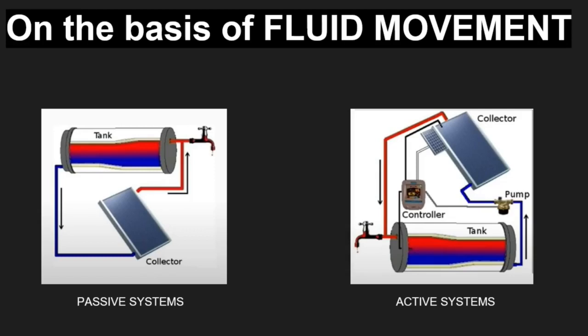Talking about active systems, the collectors are placed at a height higher than the storage tank, and thus the hot water comes down and the cold water has to be pumped up using an external pump or motor. External energy supply is required to run the system, and hence it is known as an active system.